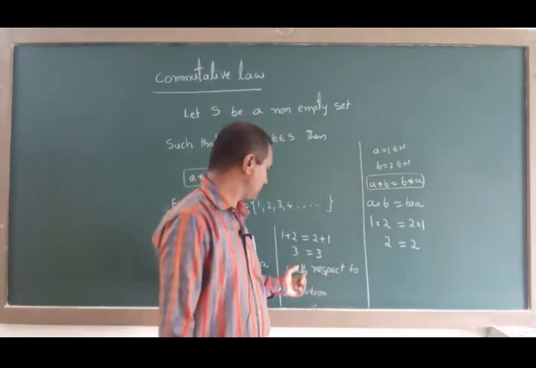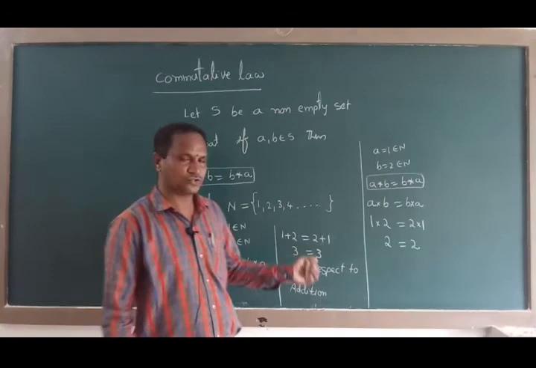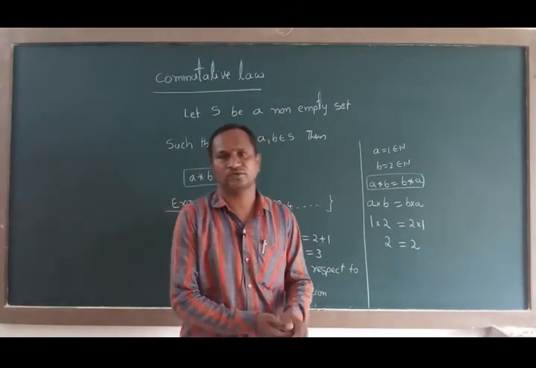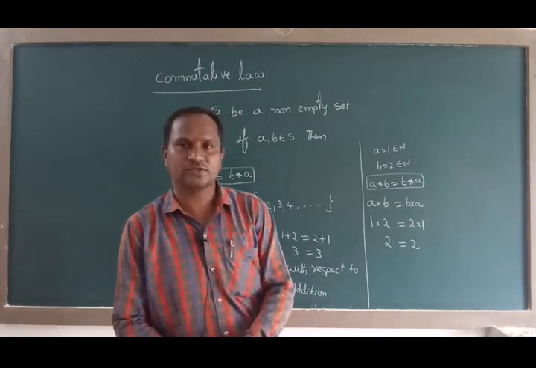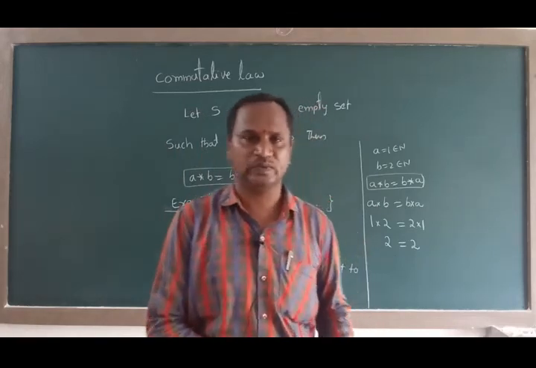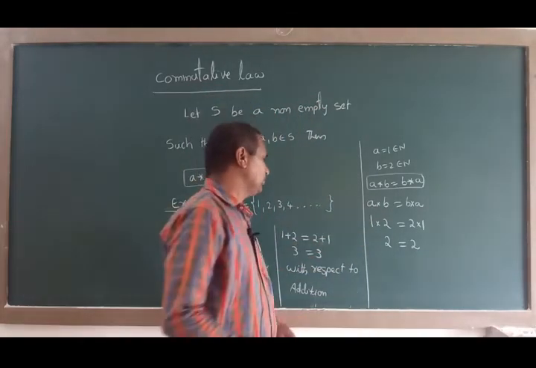Here also, in the case of addition, 1 plus 2 is equal to 2 plus 1, 3 is equal to 3. 1 into 2 is equal to 2 into 1, 2 is equal to 2. That is with respect to multiplication.